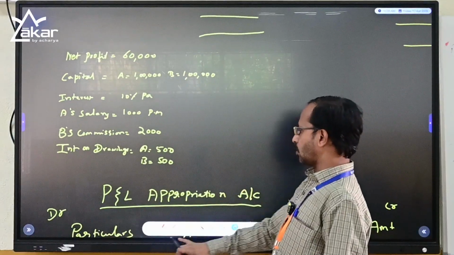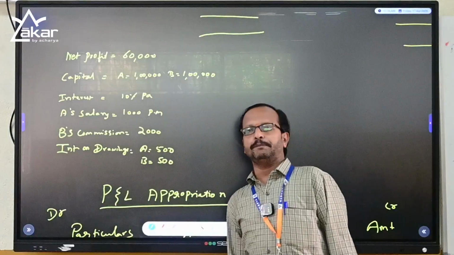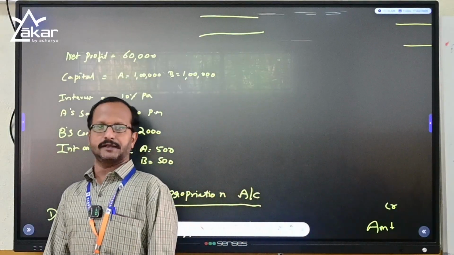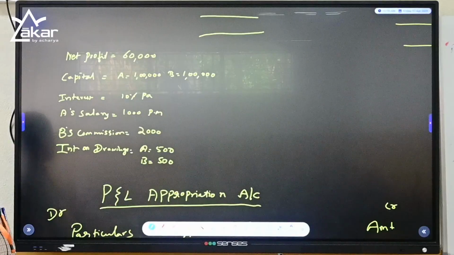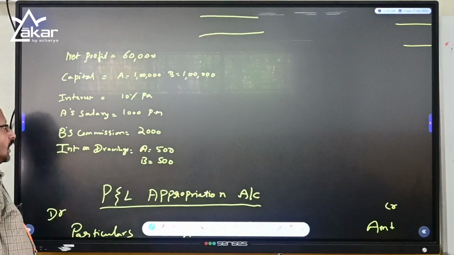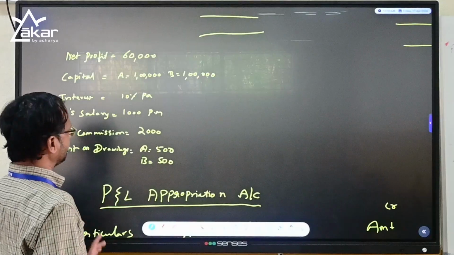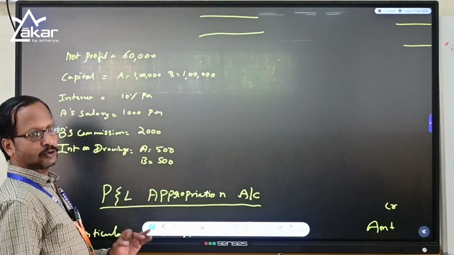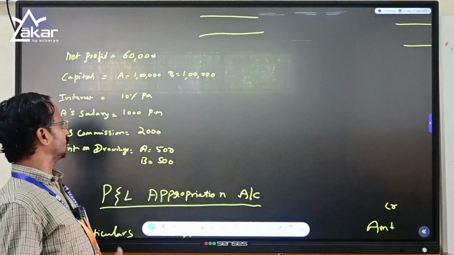Okay, let us have a small assignment. The company earned a net profit of 60,000 in a year, with capital contributions by A of 1 lakh and B of 1 lakh. As per the agreement, interest is payable on capital at 10% per annum, A is entitled to get 1,000 rupees per month, and B is getting a commission of 2,000.